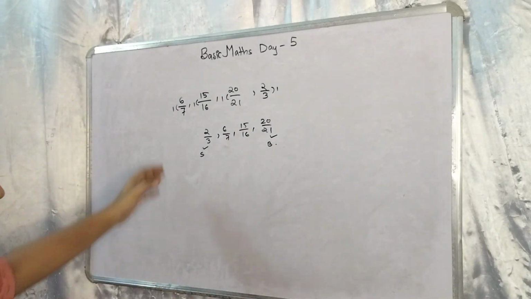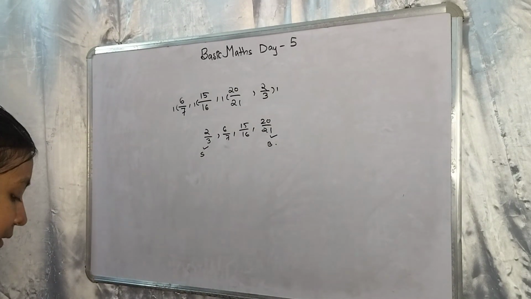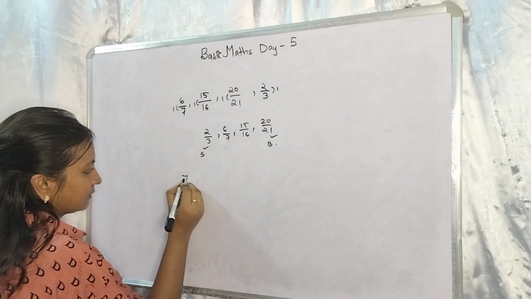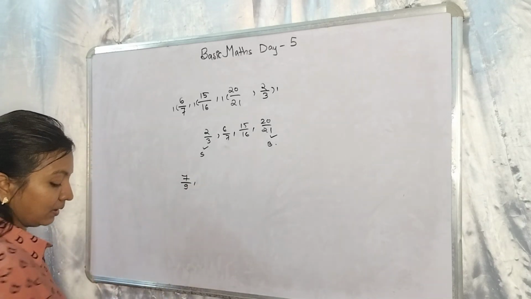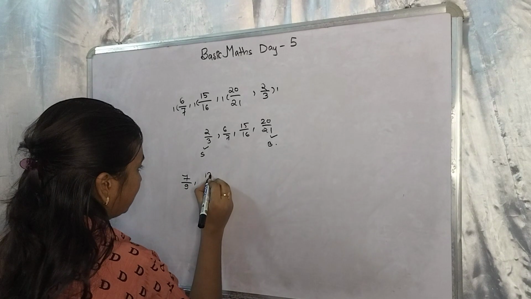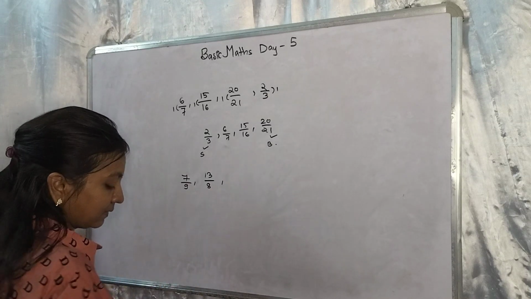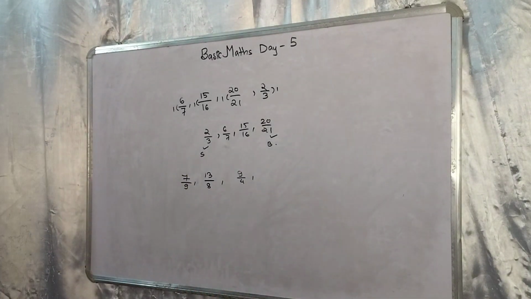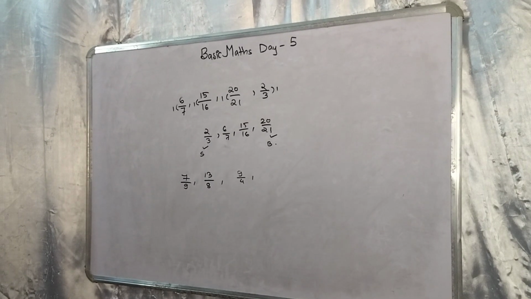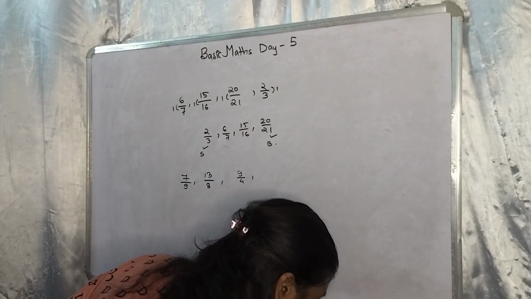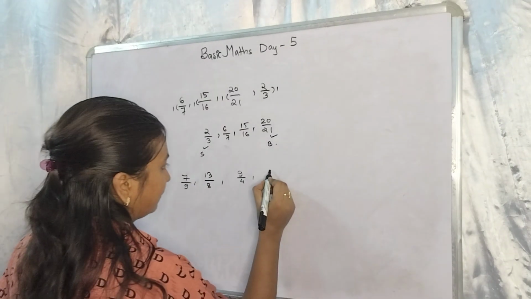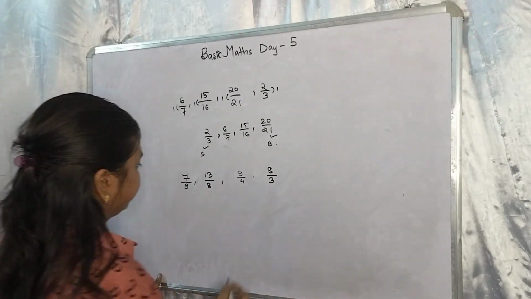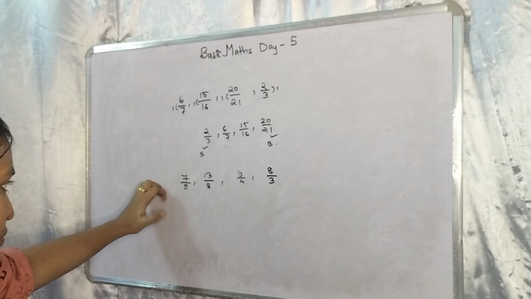Here you can see that the numbers don't have any relation. 7, 9 difference is 2, here the difference is 5, here 5, here 5, but this is not fine. There is no difference or pattern between these numbers. So how to know which is your biggest number and which is your smallest number?